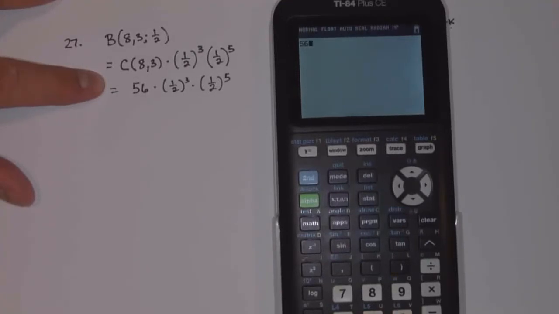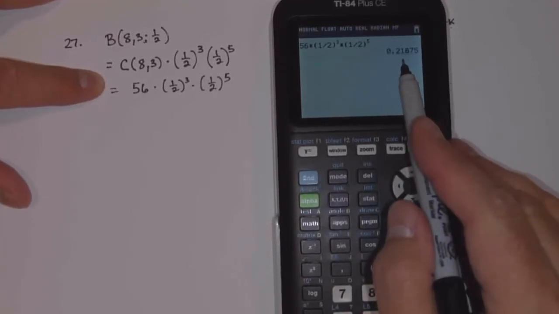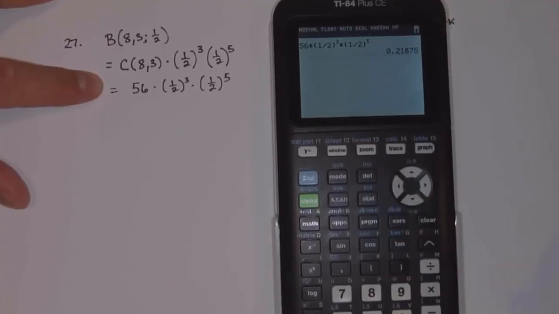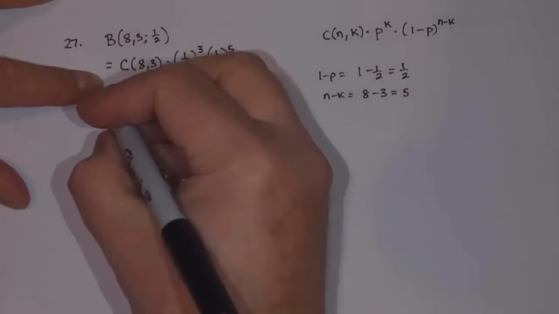So we have 56 times 1/2 raised to the third power times 1/2 raised to the 5th power, and so that is 0.21875.